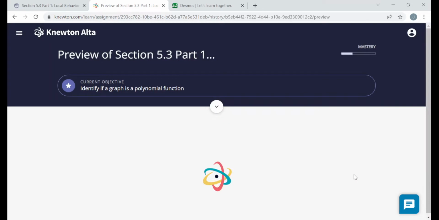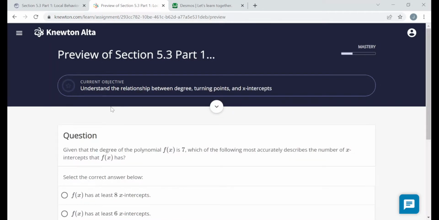All right, so now we're moving to the other two objectives. Now, the next objective is understand the relationship between degree, turning points, and x-intercepts. So let me talk about that real quick.